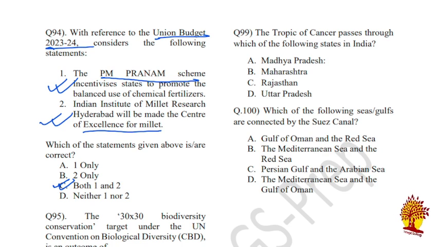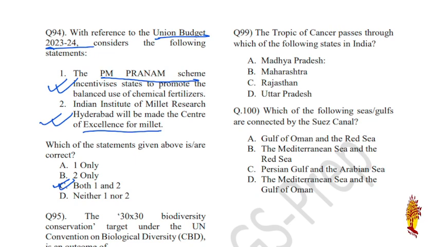And the focus is to reduce the subsidies of the chemical fertilizers given to the farmers, and as an initiative the state will get the 50% subsidy savings as a grant. Whatever the fertilizer subsidy the state reduces, 50% of that subsidy will be given as a grant to the state for other development purposes.